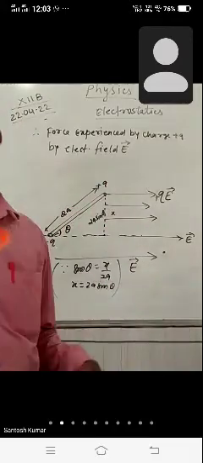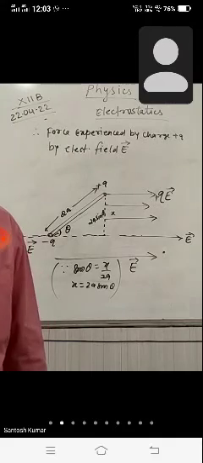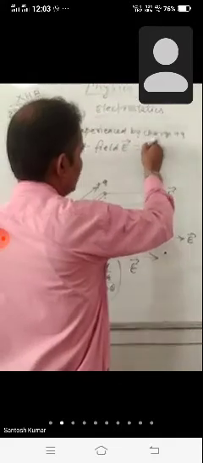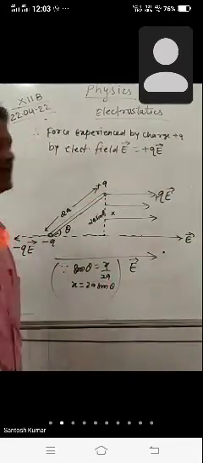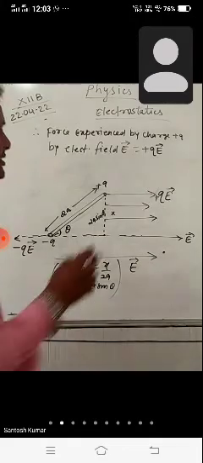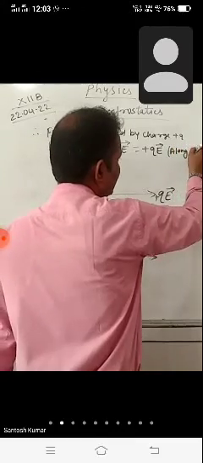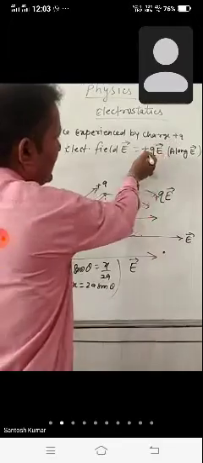How can that force be found? F is equal to q into E. So this will be plus qE, the magnitude of the force acting on it. This is along the direction of E.